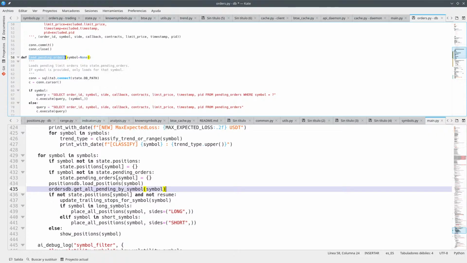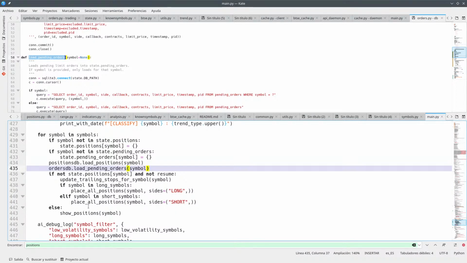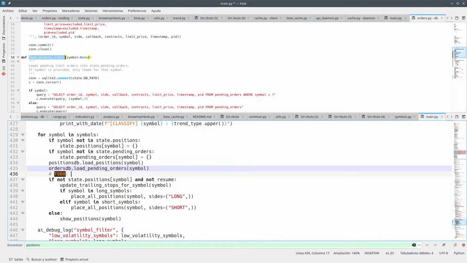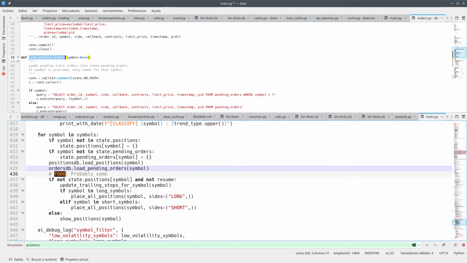So load pending orders, and I filter by symbol and I put them here. So probably some custom logic, some logic tailored to pending orders. Pending orders, okay.